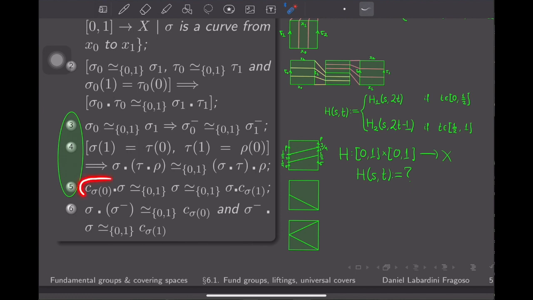For the first half of the time, I am just parked at sigma naught, and then starting at time 1/2, I start traversing sigma, twice as fast as I used to.